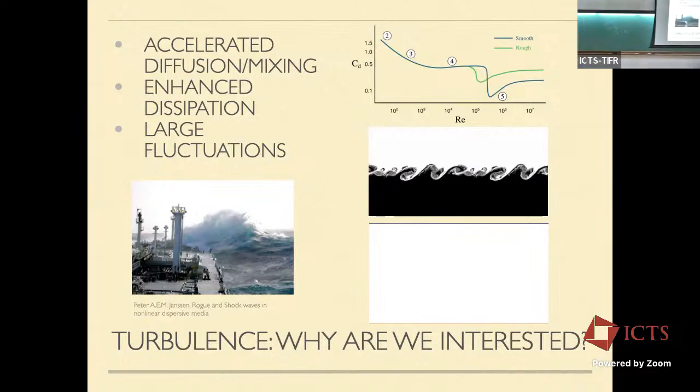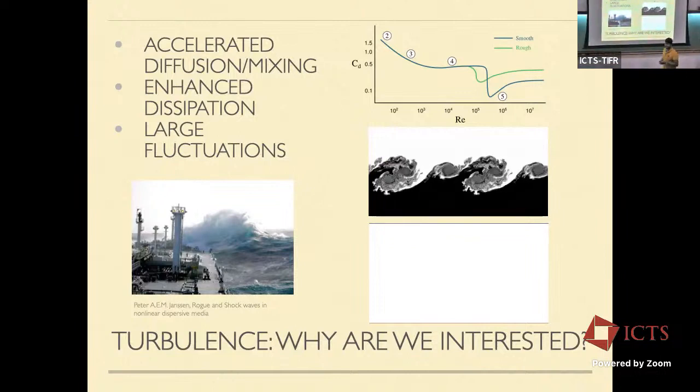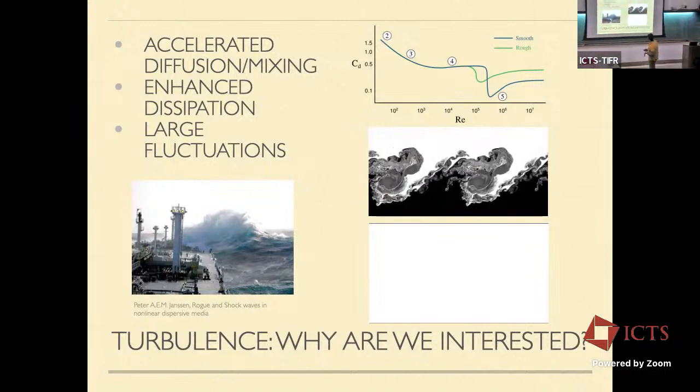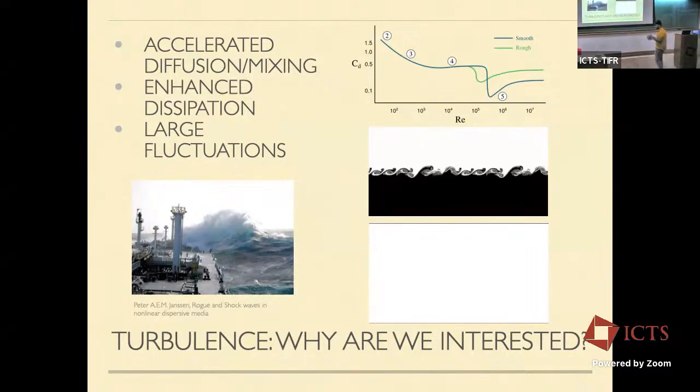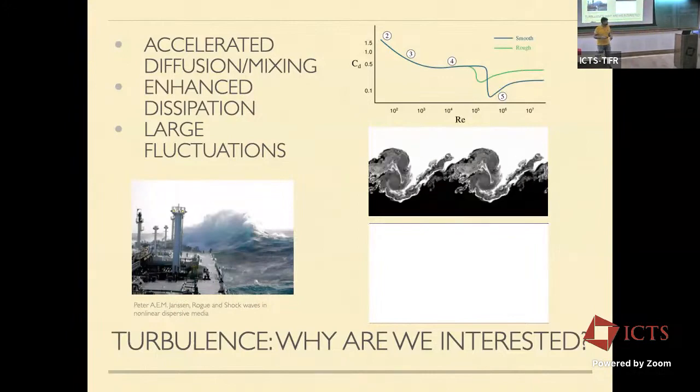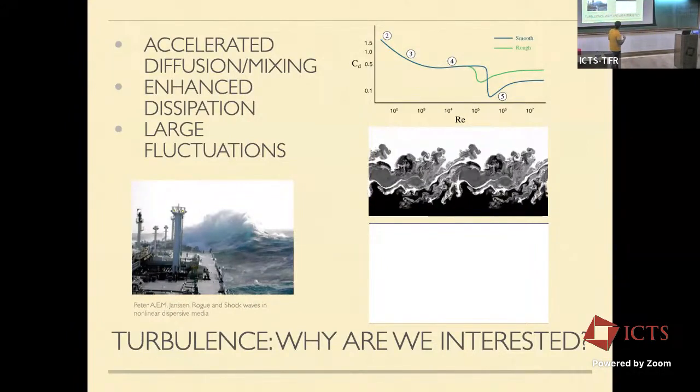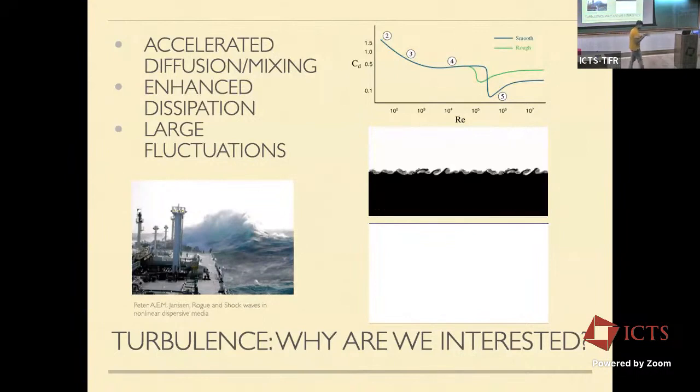So here there's a simple video of this Kelvin-Helmholtz instability that somebody was asking about. You have two layers of fluid, and in the absence of any instability which leads to turbulence, the diffusion is very weak. Whereas once you set in turbulence, you see that these two fluids start mixing very well, right?